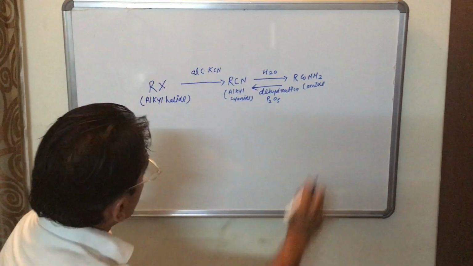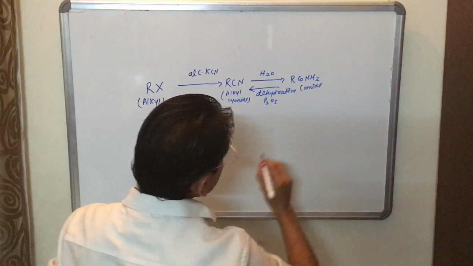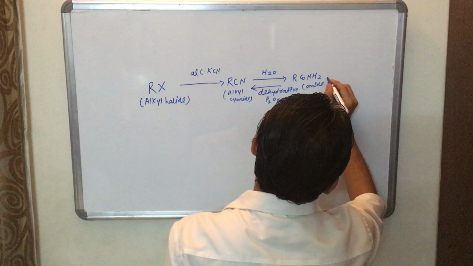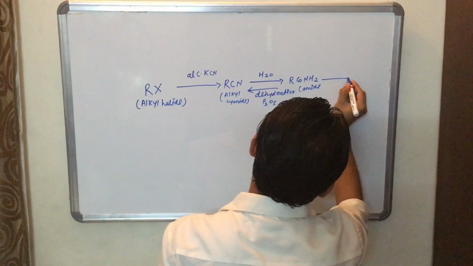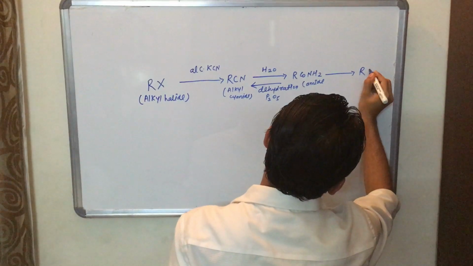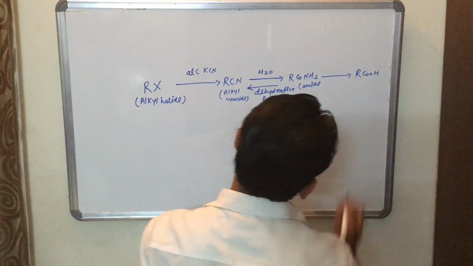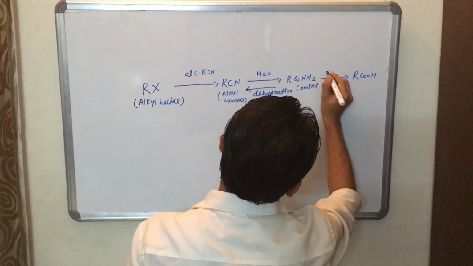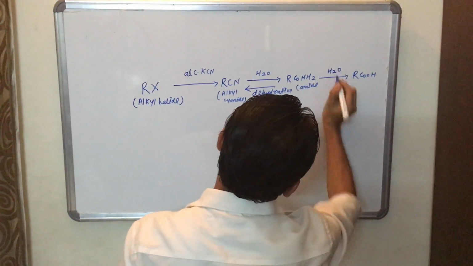H2O means hydrolysis. Now I have amide, and from amide I want to obtain carboxylic acid. Then we again have to do hydrolysis.